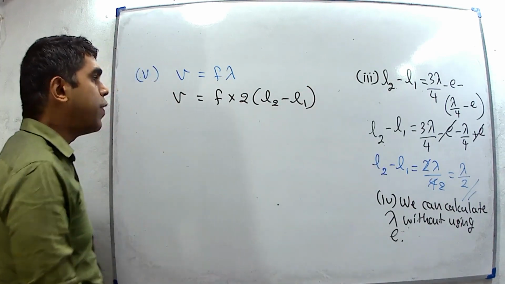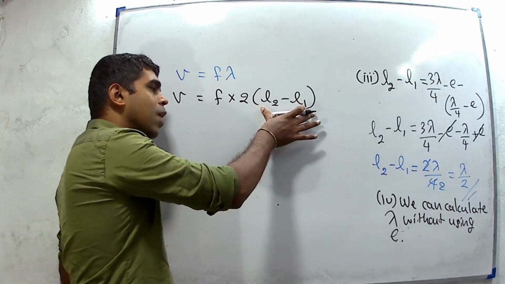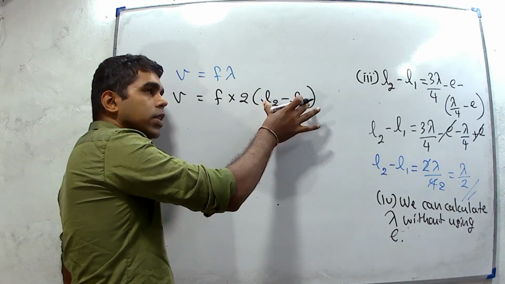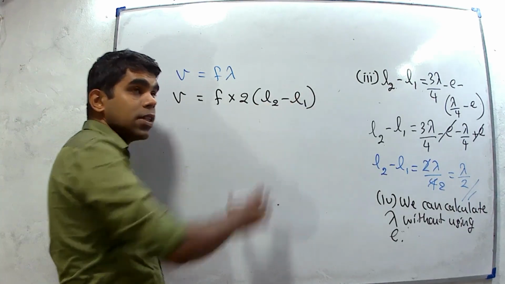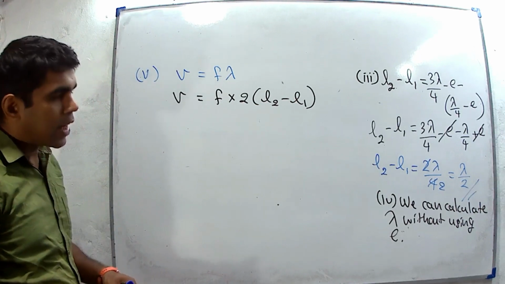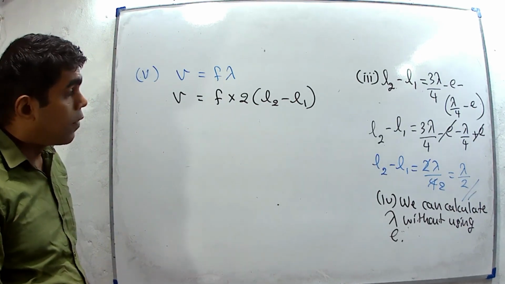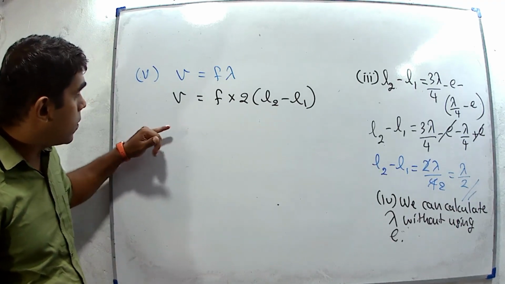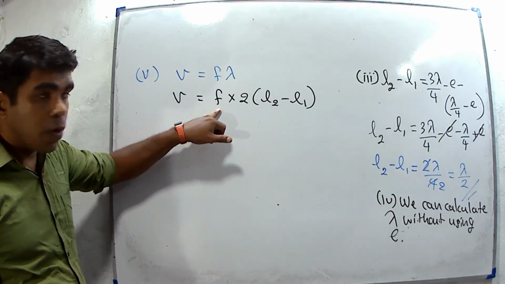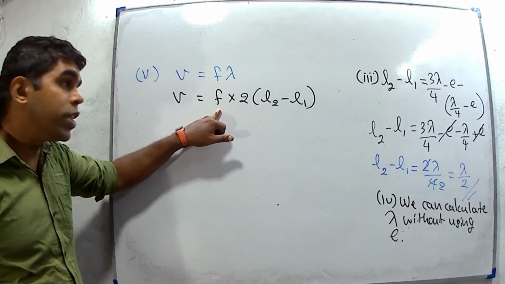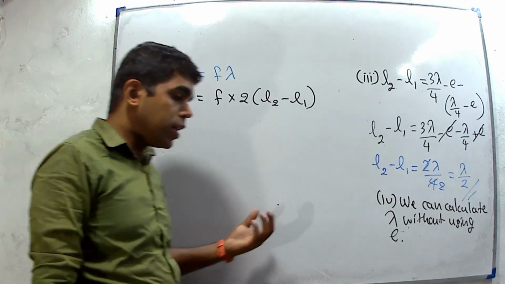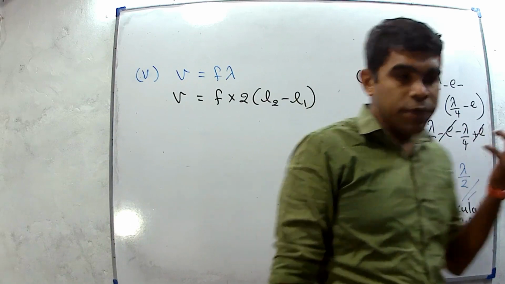Then checking the graph, we can see they have drawn this part as the y-axis. Or we can decide directly. We have changed the corresponding frequency. In the question they have given a set of tuning forks.